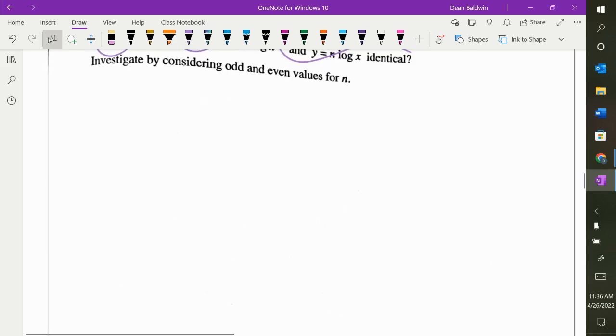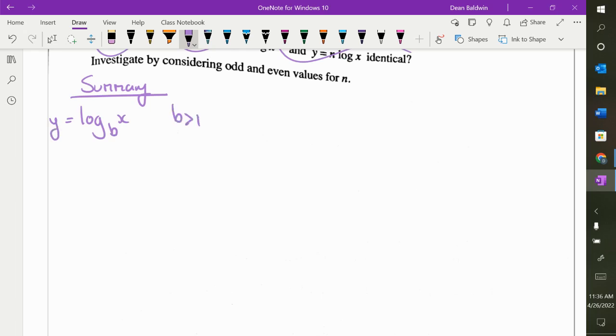Right here. Here's your summary of log graphs. Log base b of x. If b is greater than 1, it's a growth. If b is between 1 and 0, because you cannot have a negative base, so this means it's a fraction, it is a decay.